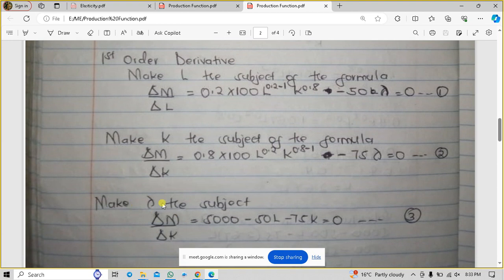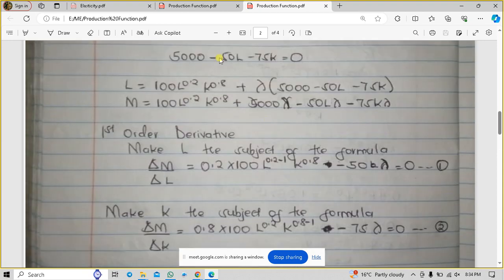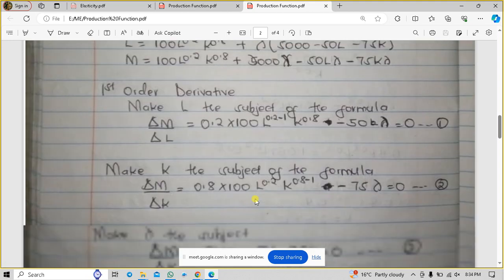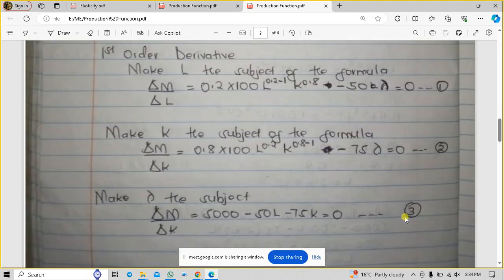Changing M over changing mu is equal to the constraint function. So this third equation is the constraint function. This one is our equation number 3, and those are our 3 equations. So any question, you can proceed.